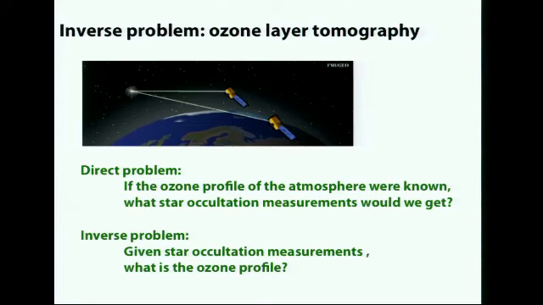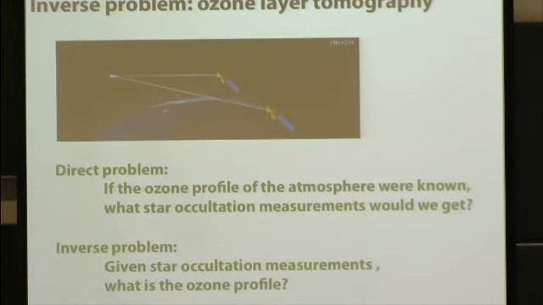So here the direct problem is, if we knew how much ozone there is in different places, then we knew how much the light from this star will be attenuated on its way through the atmosphere and detected by this satellite. The satellite is moving, it's recording these lights of one star at different points, collecting actually at different spectral frequencies. And the inverse problem is, if we know these measurements, what was the ozone profile that produced it?